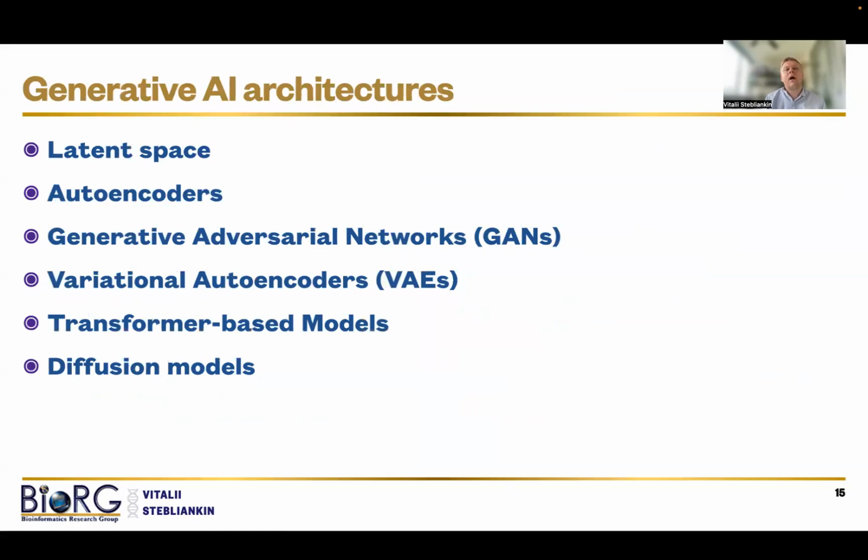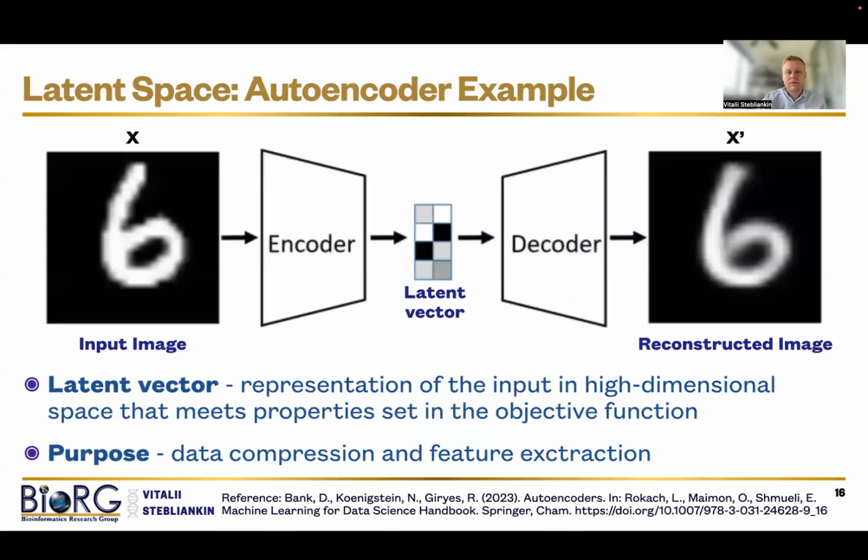So next, I will cover popular generative AI architectures. For that, we need to understand the concept of latent space. This is the key concept of generative AI, and actually in a lot of AI fields. Let's take a look at the example of an autoencoder. We have an input image X, and then the encoder transforms it into a vector in some high dimensional space, which we call a latent vector.